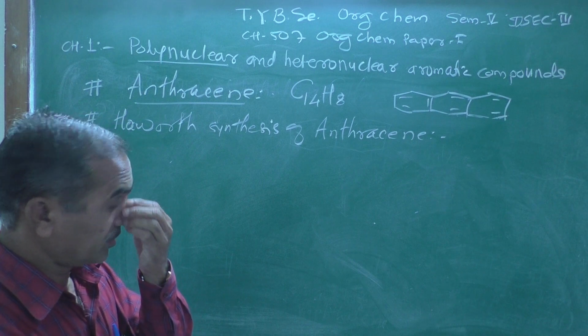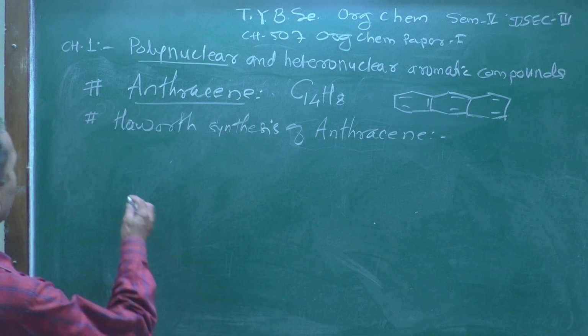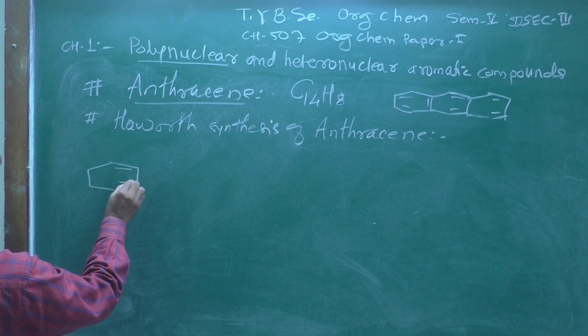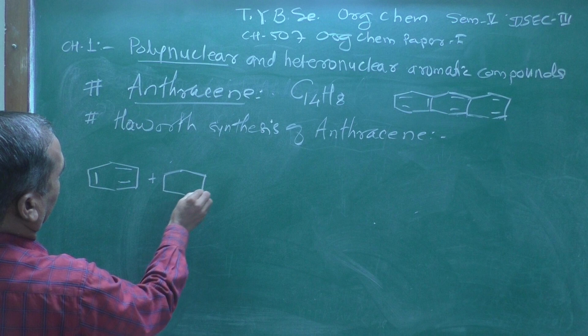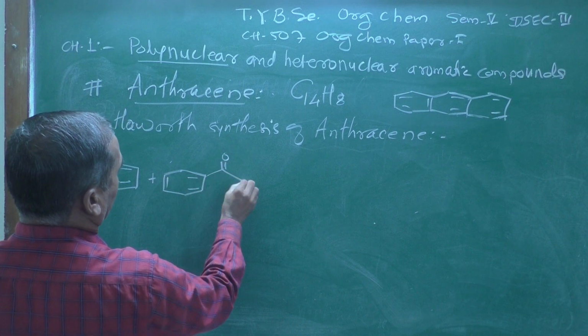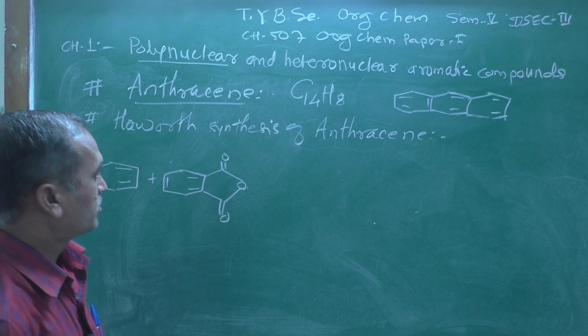What he had taken as a starting material is benzene once again, and this benzene would be treated with this compound which I am showing over here. You are familiar with this compound, I think.